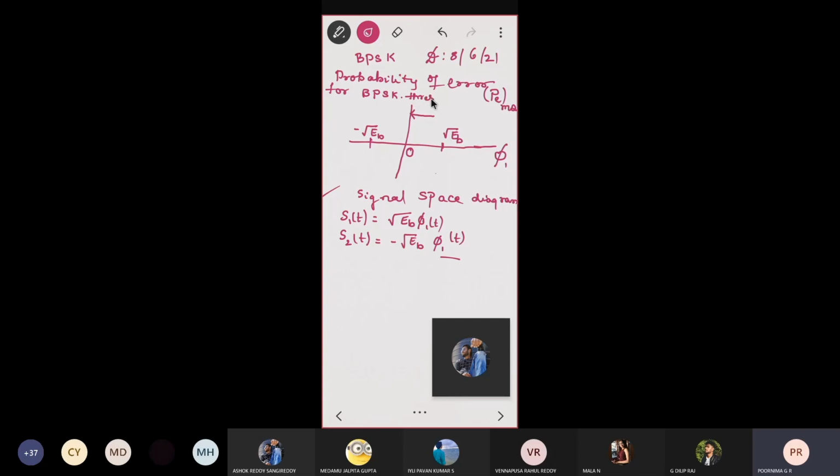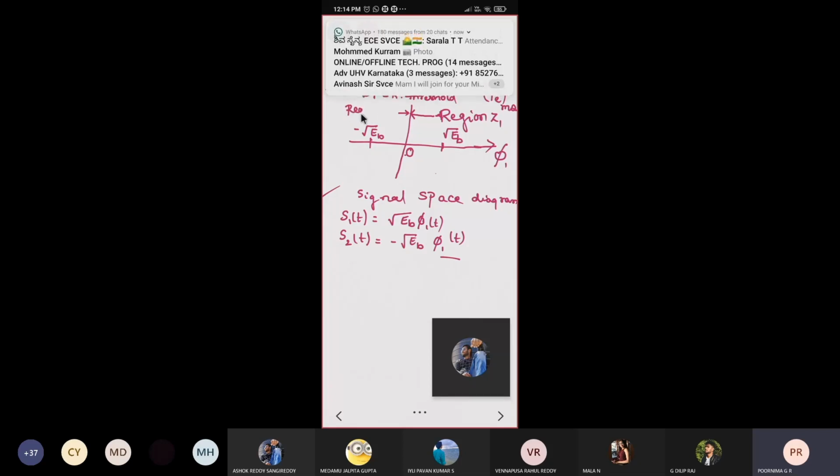With reference to this threshold, finding the region for signal 1, the region Z1 lies from 0 towards plus infinity, and the region Z2 is where the signal S2 is placed.